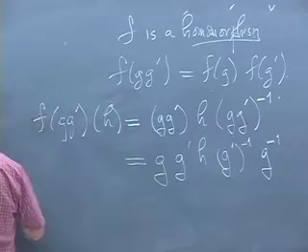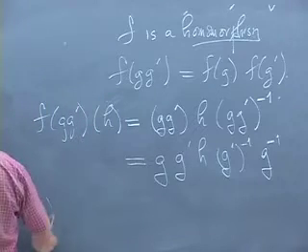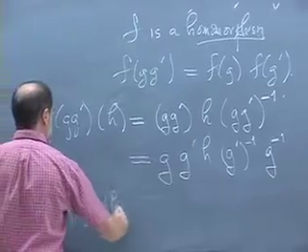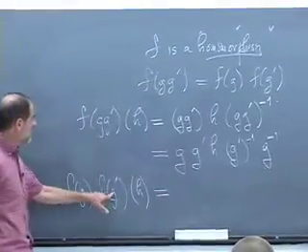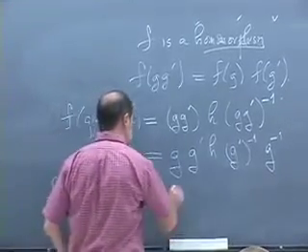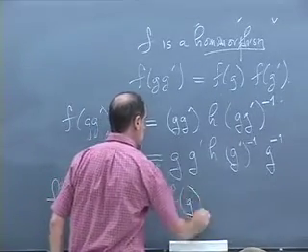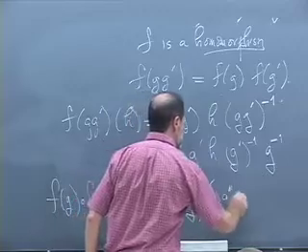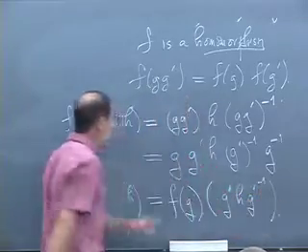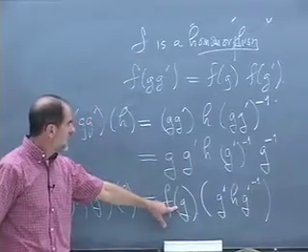On the other hand, how about if we take f of g composed with f of g' on h? First thing is conjugate by g'. So that would be f of g on the element g' h g' inverse. And this automorphism is conjugate by g.